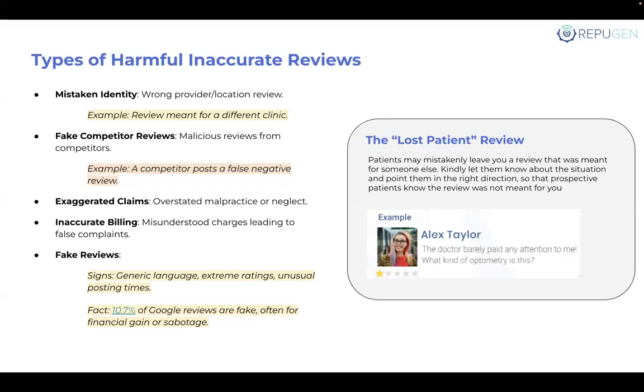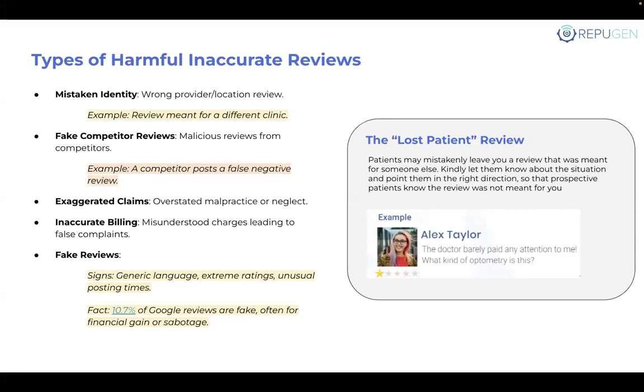Those exaggerated claims, so overstated malpractice or neglect, and inaccurate billing, just like what I mentioned in the previous slide. Some patients might just exaggerate their billing instances.